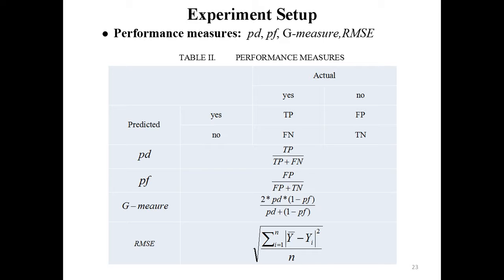In addition, considering the imbalanced characteristic of software defect datasets, we also employ 3 commonly used performance measures that evaluate classification models, including PD, PF, and G-measure. These performance measures are defined in Table 2 and summarized as follows.